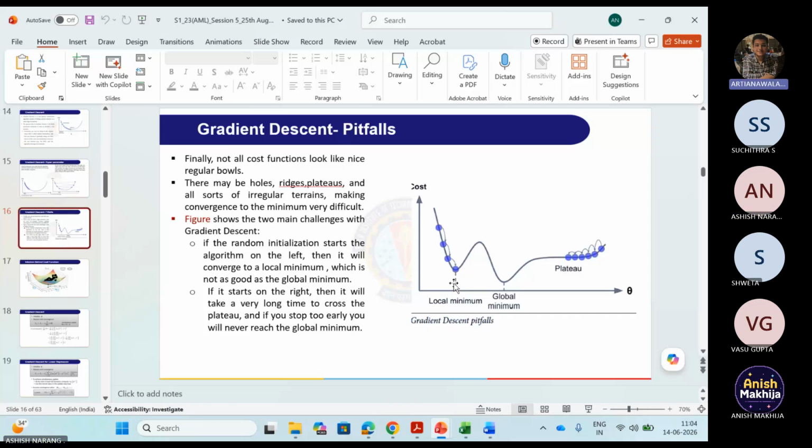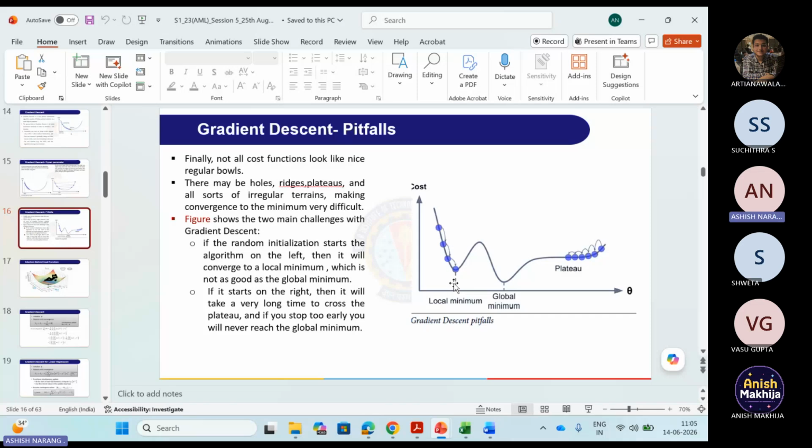Sir, when we solve problems and assume random values, and when we come to the answer, we get stuck in a local minima. Is that fine, or is there any value we should consider to avoid this situation? No, with gradient descent this is likely to happen. You may end up converging to a local minima.